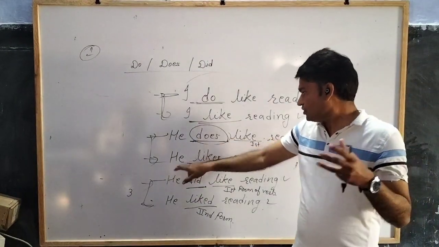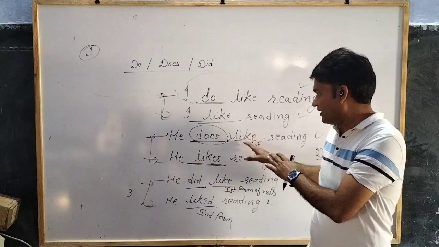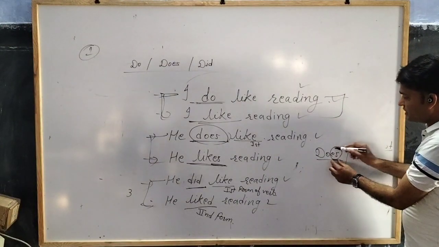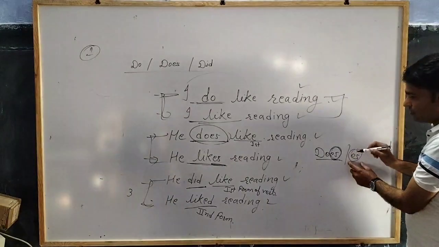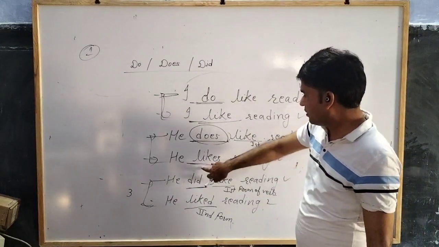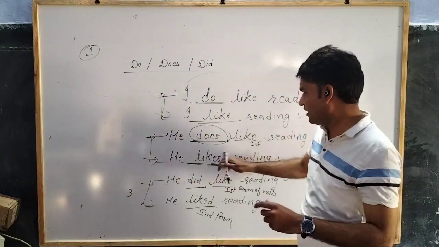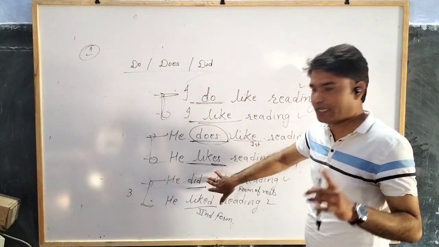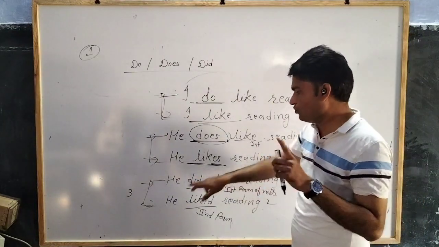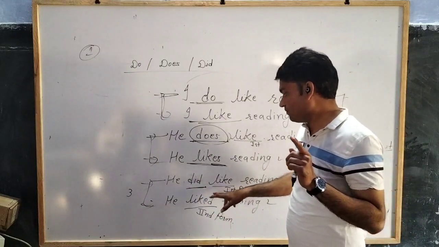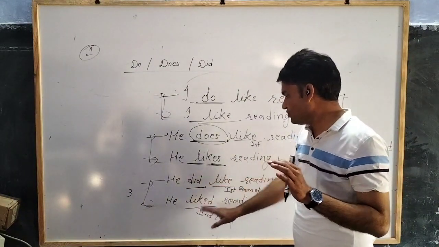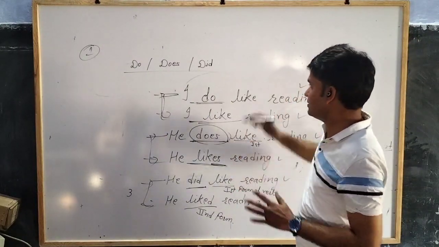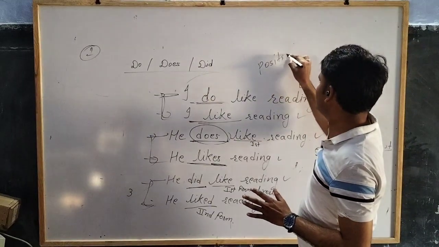But if you don't use does, then you will add these last two letters to the main verb. And he did like. If you write did, then in positive sentences you will write the first form. If you don't use did in positive sentences, then you will use the second form of the verb. And this happens only with positive sentences.